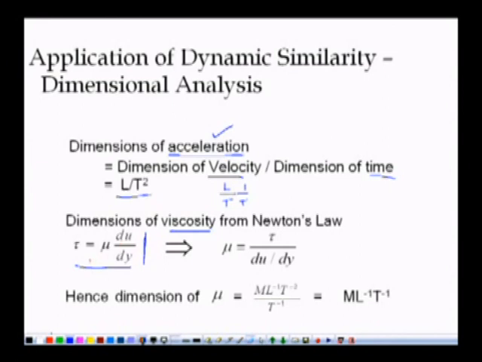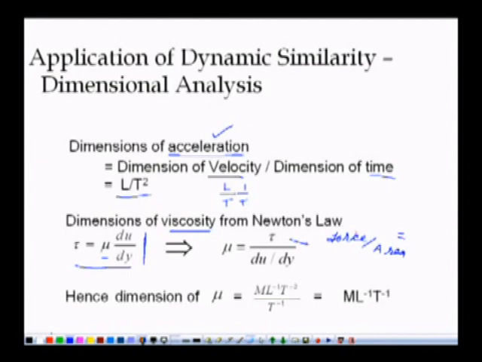So, if we want to know the dimension of mu, we have to analyze this equation. It may be written as mu is equal to tau divided by du over dy. What is tau? Tau is shear stress. So, what is shear stress? Shear stress is equal to force divided by area.